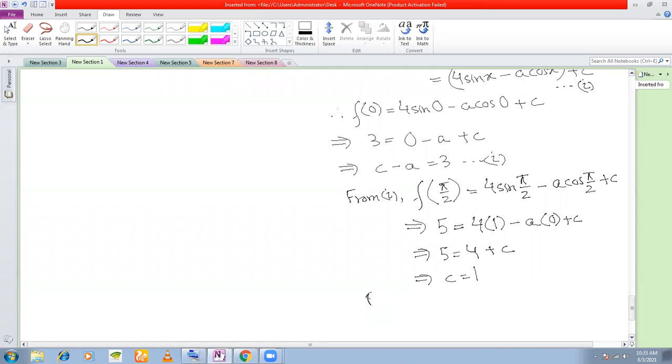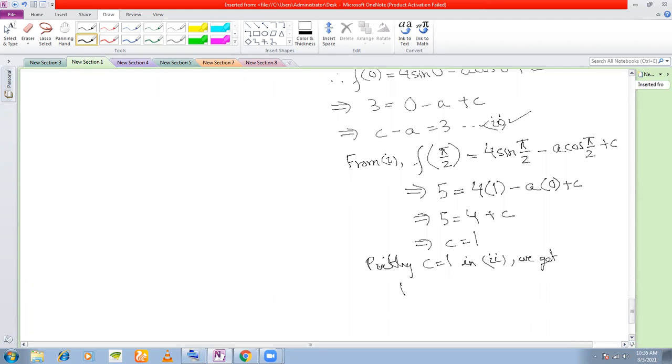So putting c is equal to 1, let us call this equation 2, because we have already called the earlier one 1. Putting c is equal to 1 in 1, we can get the value of a: 1 minus a is equal to 3.